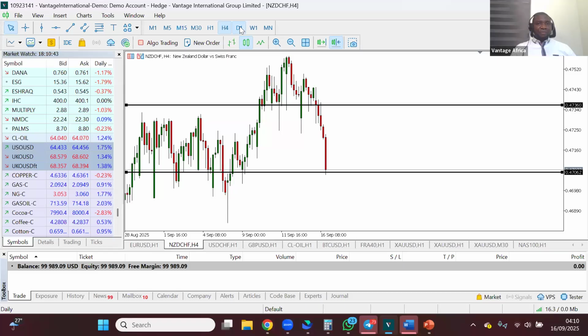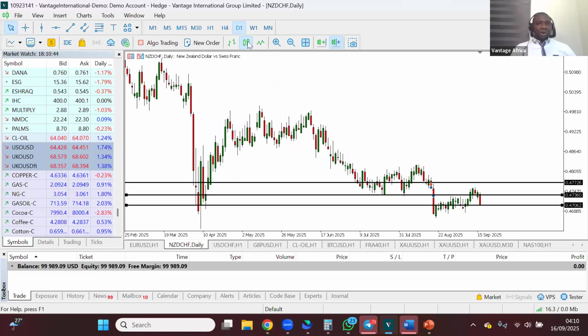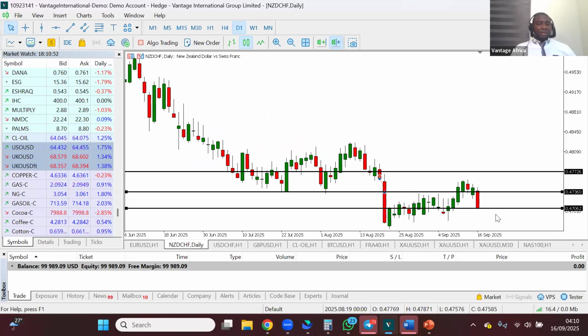When you go to a time frame like D1, the market is moving down, but you will see what's been going on for a while. You'll see that, yes, while price has been trending downwards, very recently it was trending upwards before it turned down again.